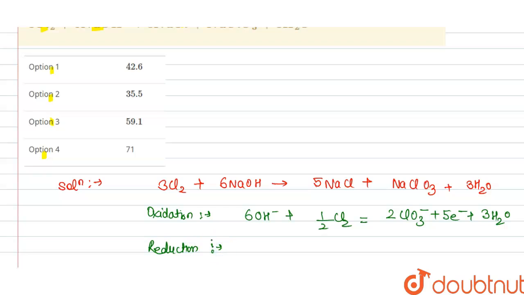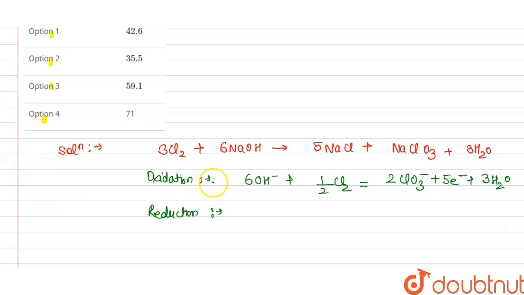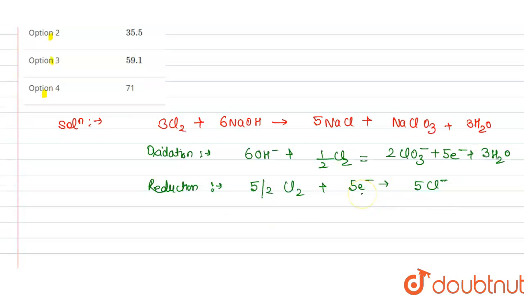Oxidation is addition of hydrogen and reduction is removal of hydrogen. So this is 5/2 Cl2 reacting with 5 electrons, so it will give 5 Cl negative.